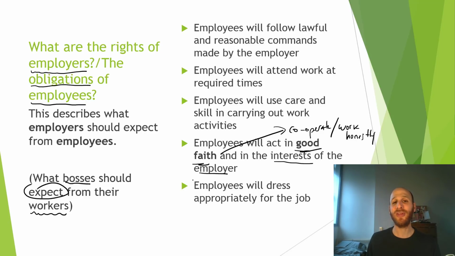Another thing that is required is that employees will dress appropriately for the job. So if we think about, okay, what do all these refer to? This is all about what workers must do. So we've seen what bosses must do. Here we've got what workers must do.